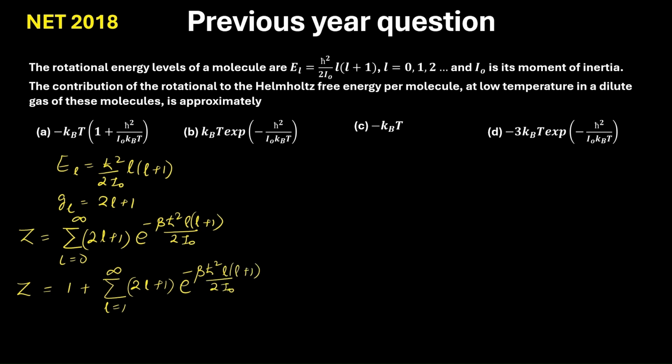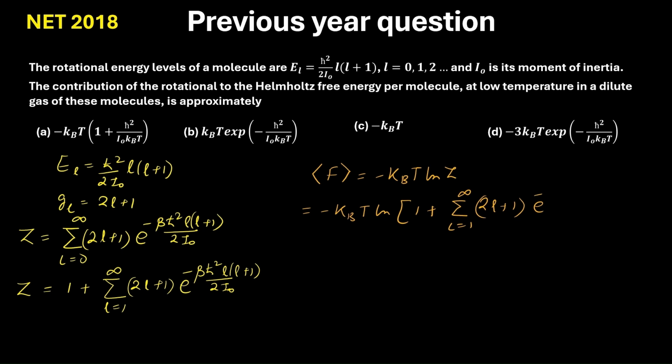Now we have got the partition function. Now the free energy will be given by minus kBT log of Z. So it will be equal to minus kBT log of 1 plus the summation from L equal to 1 to infinity of 2L plus 1 into exponential of minus beta h bar square L into L plus 1 divided by 2I naught.